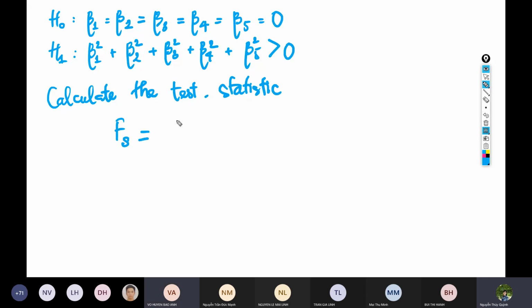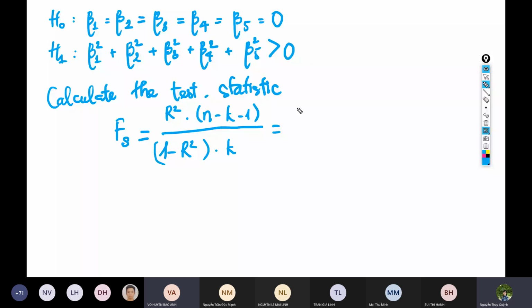Fs equals R squared over K. You can rewrite it as R squared times n minus k minus 1, divided by 1 minus R squared times k. And just plug in the numbers.